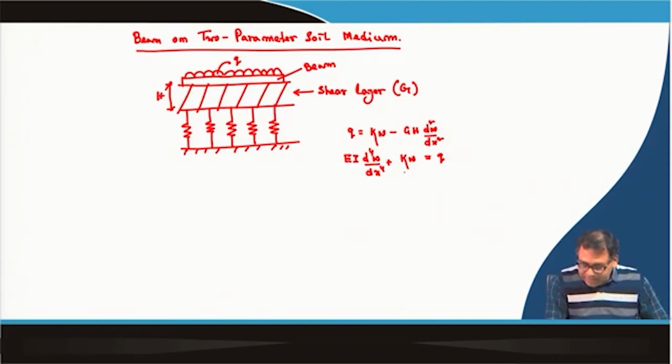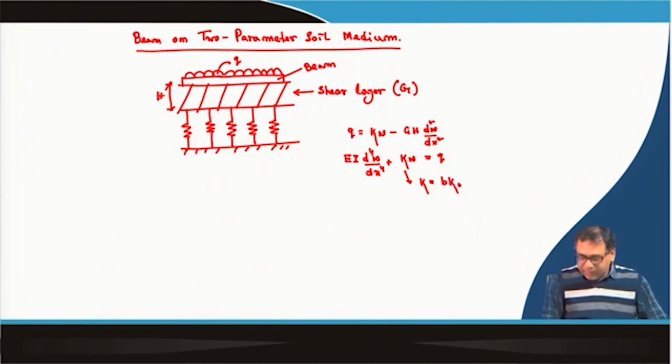And here K is given as K is equal to B into K 0. So, I can write that this is my beam equation and this is the two parameter model equation.